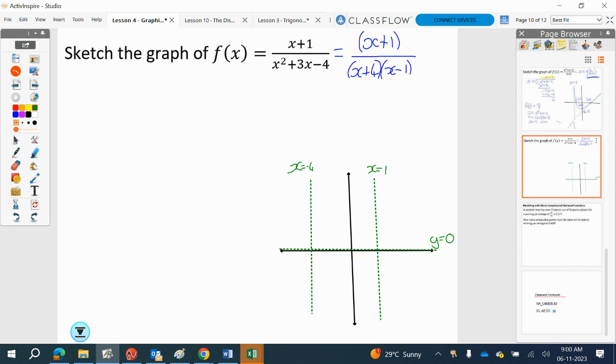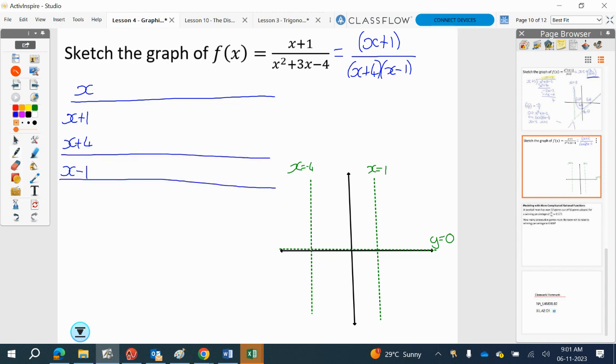What I'm going to do is a sign table analysis. What's interesting to us is what happens to the three factors. We've got the factors x plus 1, x plus 4, and x minus 1. All I'm interested in is the sign of each of these factors at different key spaces in the graph.